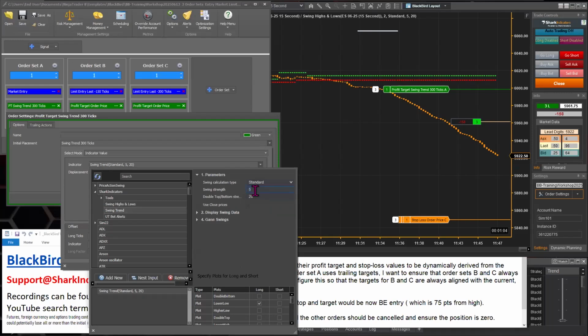And again, depending on the bar sizes and more or less your trading methodology, you will probably want to adjust the swing strength here and find whatever setting you like best to find that recent high and low point. So that's subject to adjustments there.